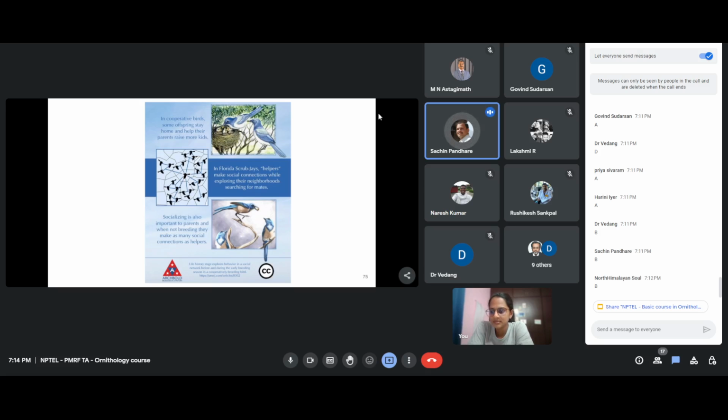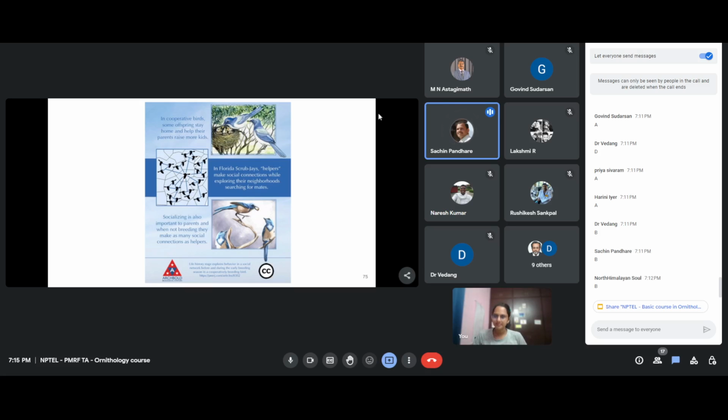I haven't studied this exact species completely, but what I feel is that yes, there are helpers in the cooperative breeding structure, and this particular slide is mentioning that all the entities are making as many social connections as possible.